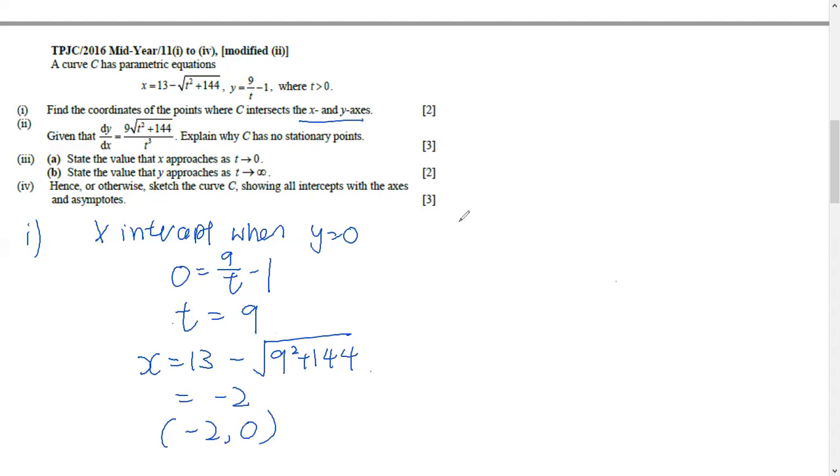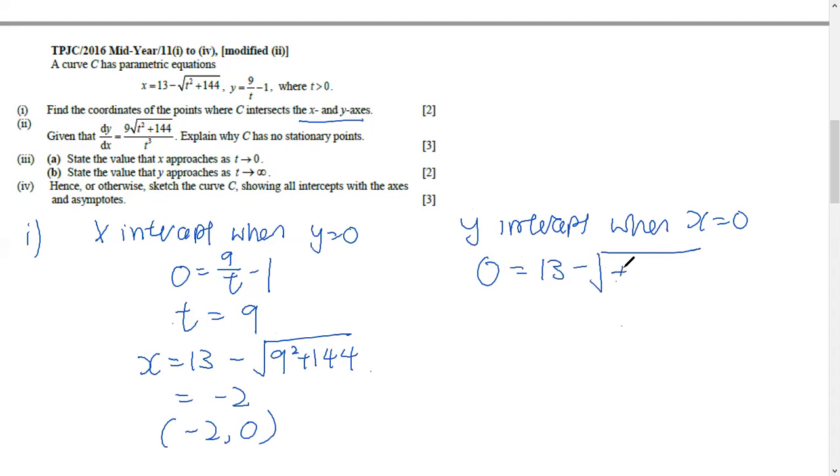Same thing for the y-intercept. We find it when x equals 0. So we equate the x equation, t squared plus 144, to 0 and try to solve for t. Shift everything over, bring the square root over. With a simple calculator, t is 5.